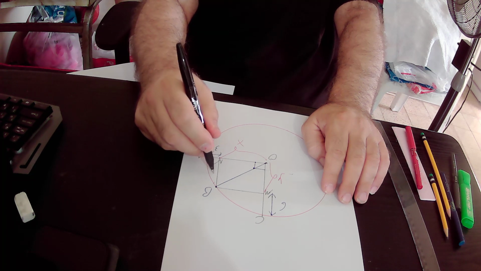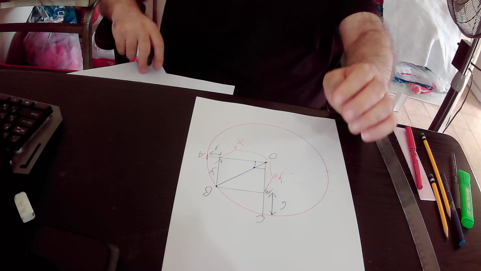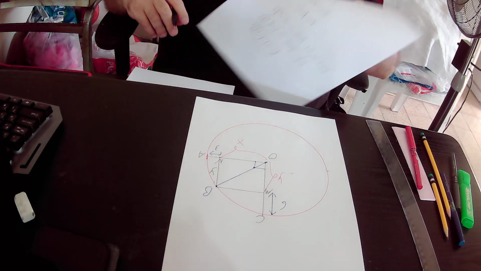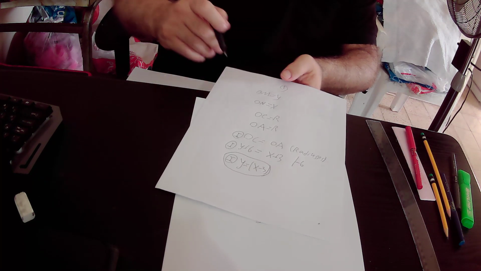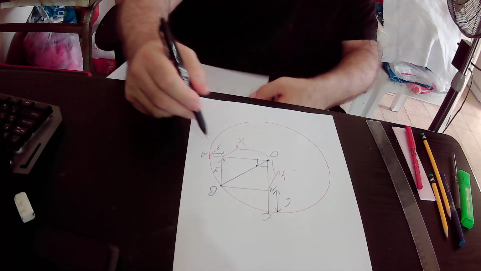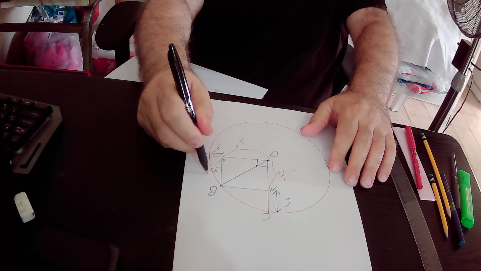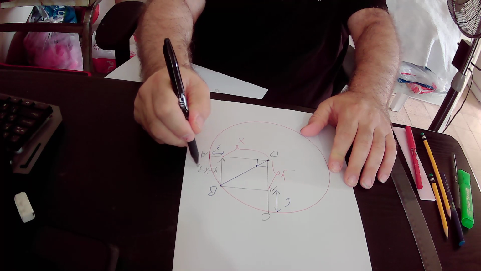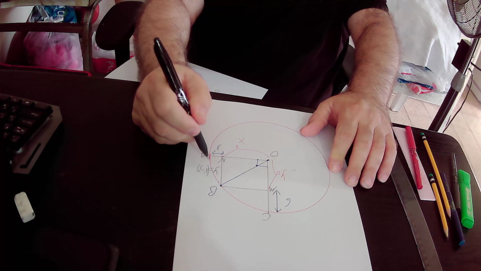So NB also equals y. But we know that y equals x minus 3, so we can write here that NB equals x minus 3.